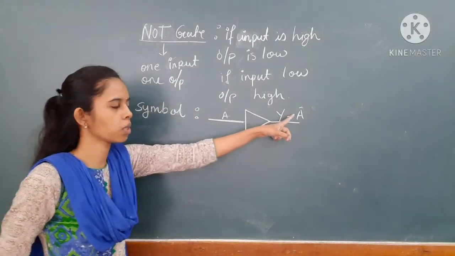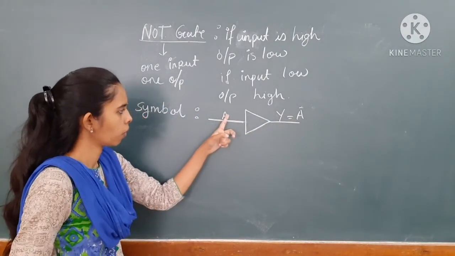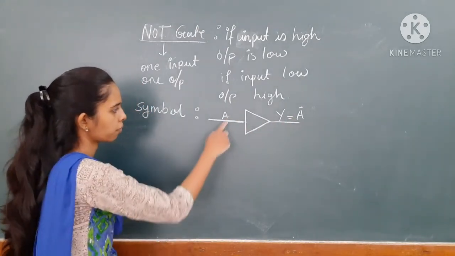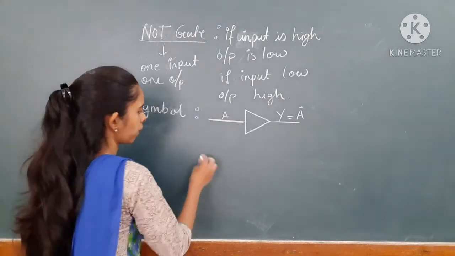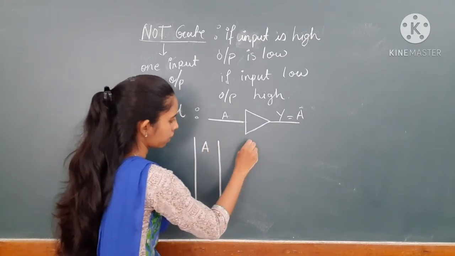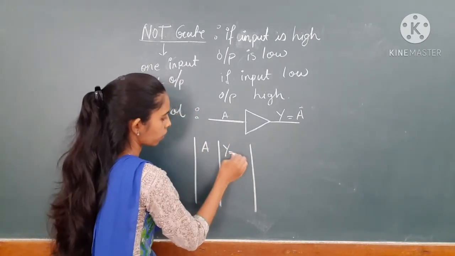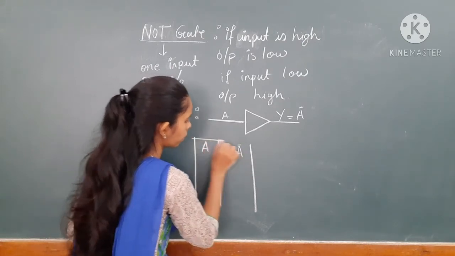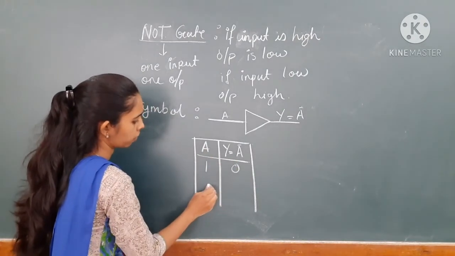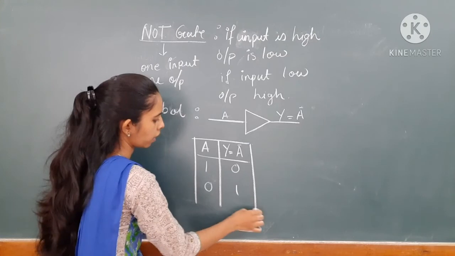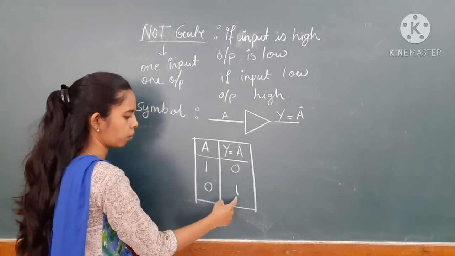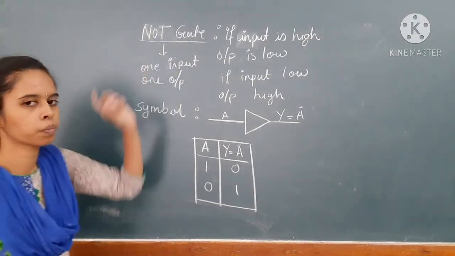A bar means it is taking negation. So if A is high, then you will get low. If A is low, then you will get high. Since it has only one input, only one column for input will come, that is A, and here you will get the output Y is equal to A bar. So if A is equal to 1, then you will get 0, and if A is equal to 0, you will get 1. That is, for high input you get low output, and for low input you get high output. So this is all about the NOT gate.